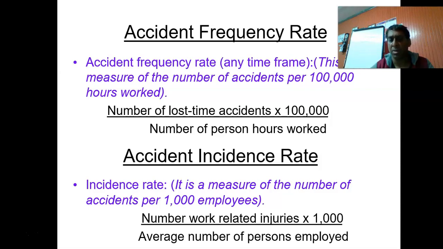They normally take the number of injuries they have, let's say it was 2, divide by the number of employees, multiply by 1,000, and what they do with the final result is compare it with another company's accident incident rate, or perhaps another department. If you have, let's say, 20 as your accident incident rate, you would not know if 20 is good or bad unless you compare it, for example, with another company's accident incident rate, or maybe with a national average, if those things are published in various countries anyway.